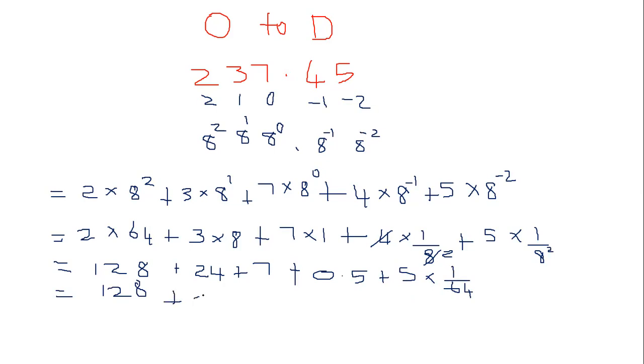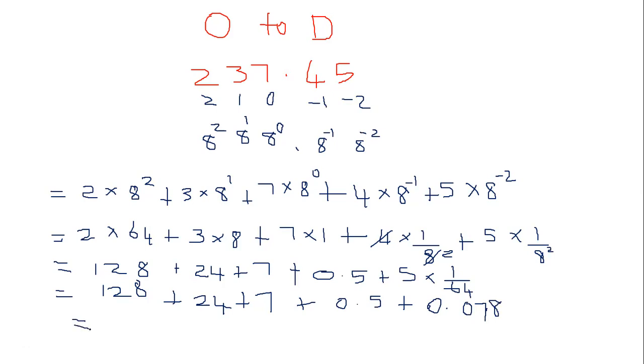So here it continues: 128 plus 24 plus 7 plus 0.5, and when I solve this, 5 divided by 64 gives approximately 0.078.